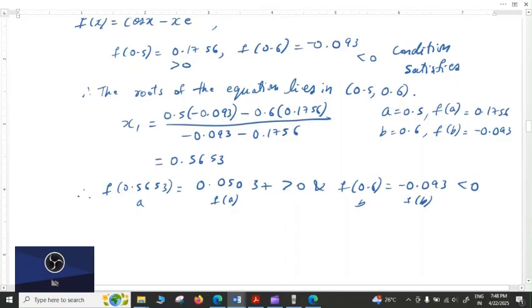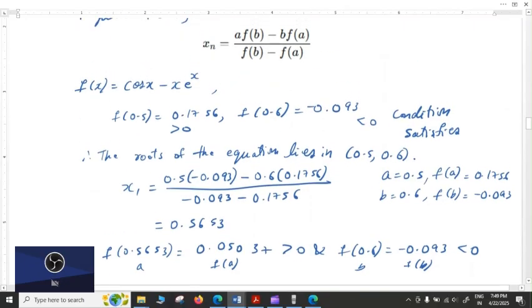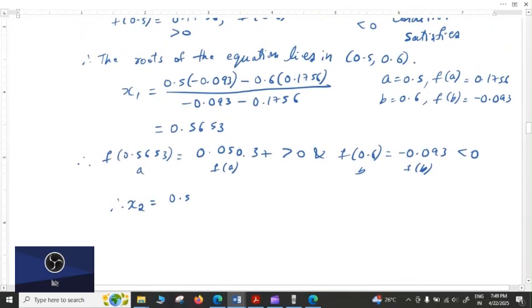Substitute in the formula x2. So therefore x2 is equal to b f of a minus a f of b, divided by f of b minus f of a.